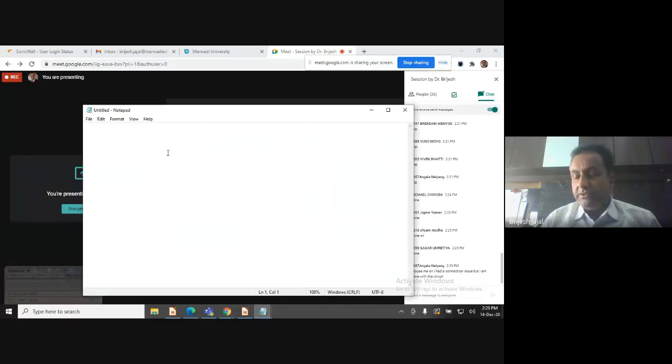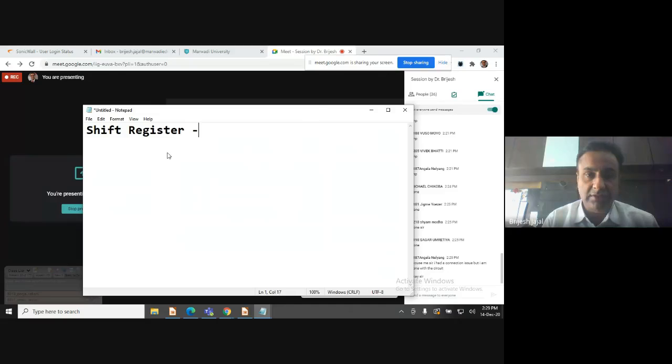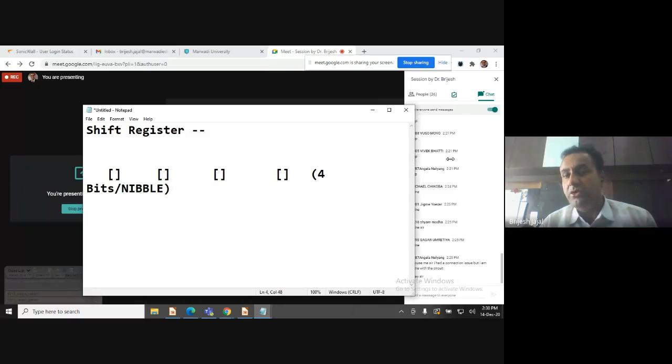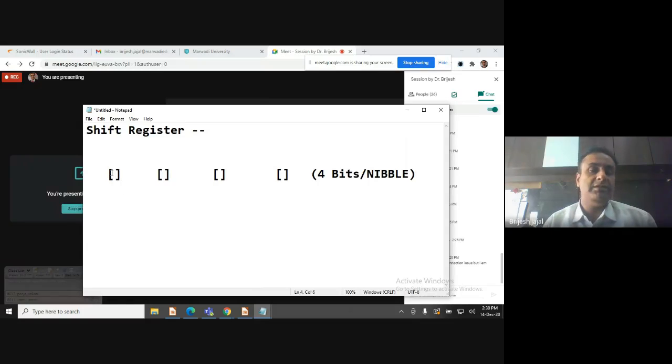So the use of a shift register is for shifting purposes. Now let me tell you how the shift register will work. You have seen the diagram which comprises 1, 2, 3 and 4. I will always use 4, because it is 4 bits, or you can say 1 nibble. Since we are measuring in nibbles, I'm using a group of 4 bits, so I use 4 different circuits, that is, D flip-flops.